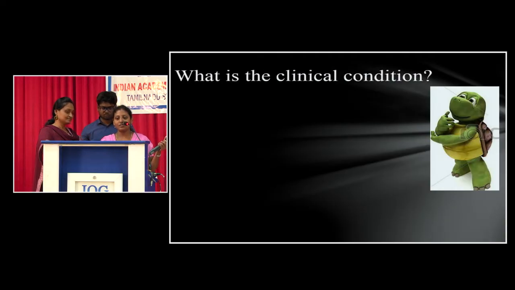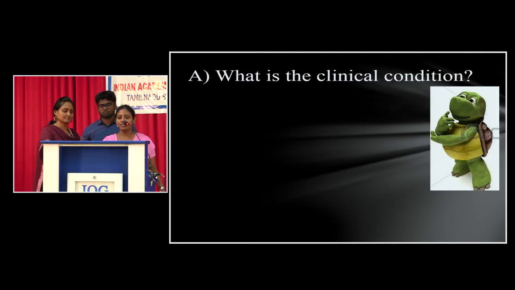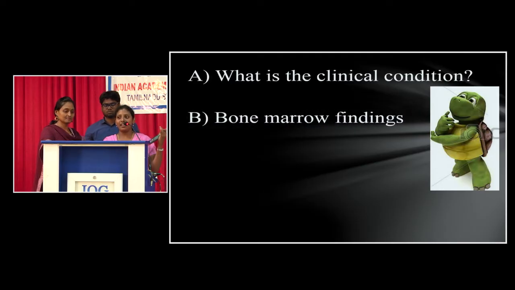So the question is, what is the clinical condition? You said myelofibrosis, and the bone marrow findings will be megakaryocytic hyperplasia. Why is there fibrosis? The cellular marrow is replaced by dense collagen and reticulin. Why is that so? Because of the JAK2 mutation.